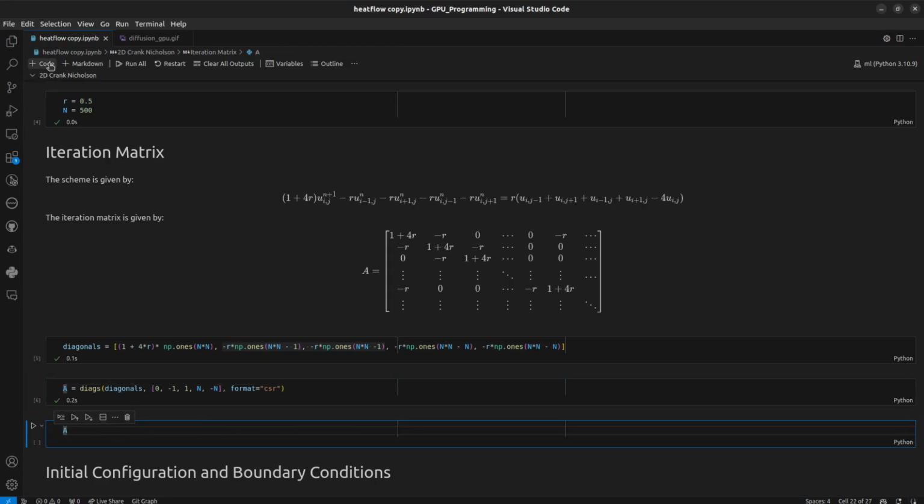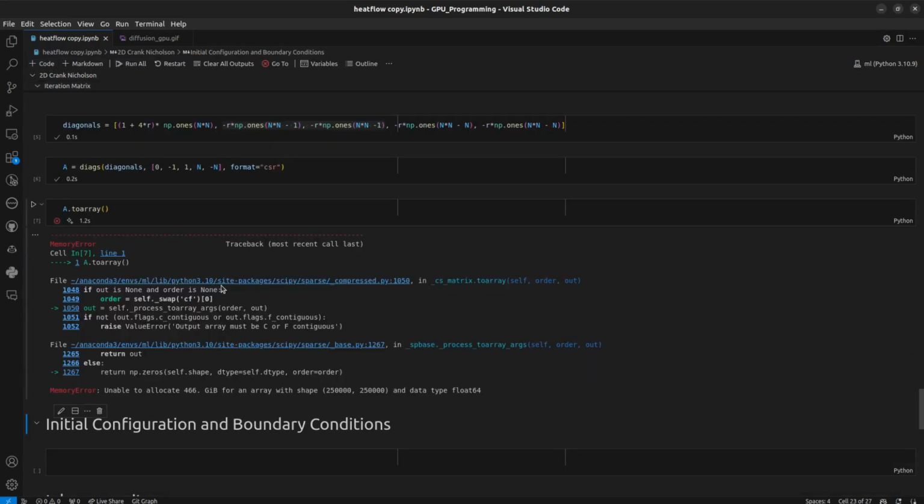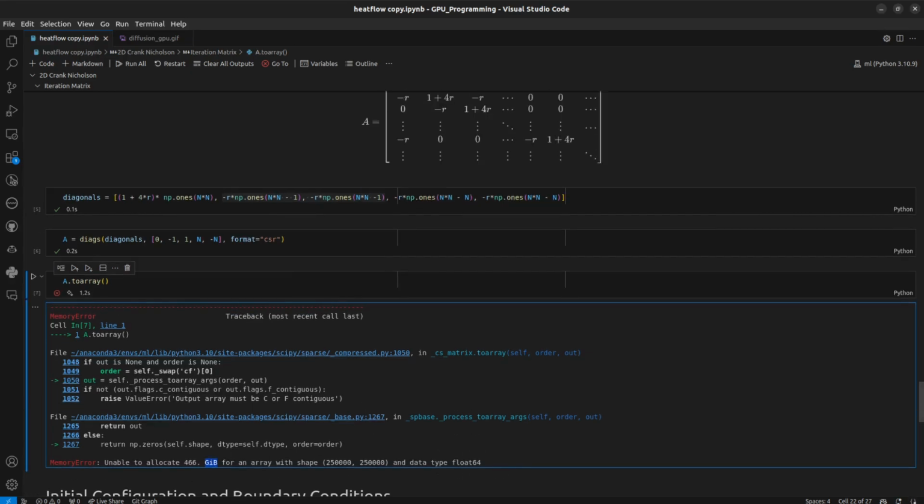So let's have a look at what this matrix actually looks like. Okay, so now we can see why it is so important to use sparse matrices. If we wouldn't use a sparse matrix, we would need very much memory.